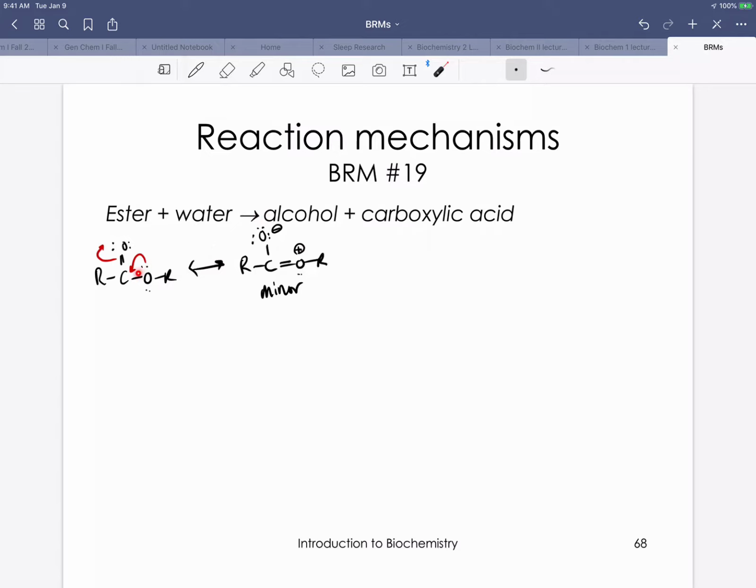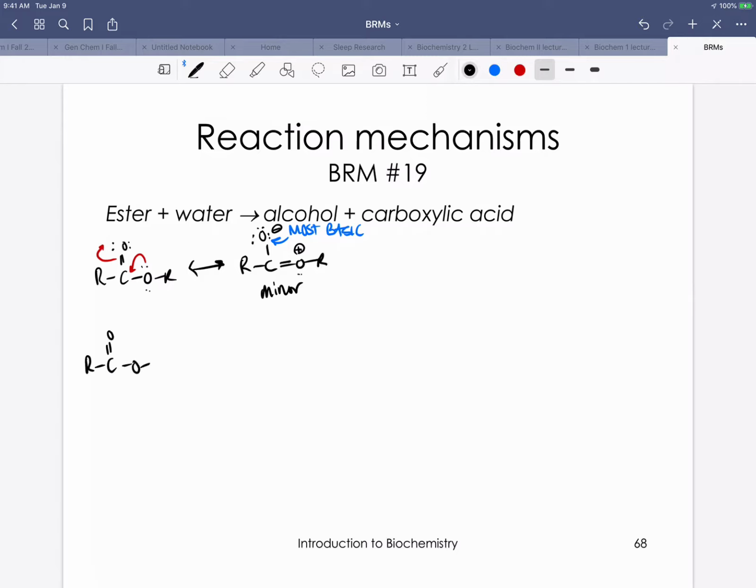And this oxygen atom has a partial negative charge up here, partial positive charge down here. Again, that highlights that this is the most basic atom we have here, meaning if we have the potential to protonate something, it's going to be that specific species.